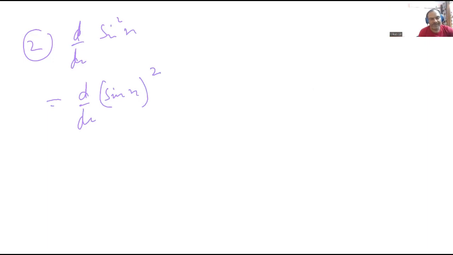Sine square x means sine x whole square. Now assume that sine x is not sine x, it is x. Now you have to differentiate x squared. X squared is a parent function. Now, as we go for x squared, it gives us 2x on differentiating x squared. But here we will get 2 sine x.